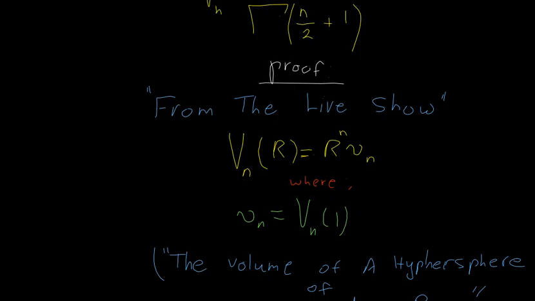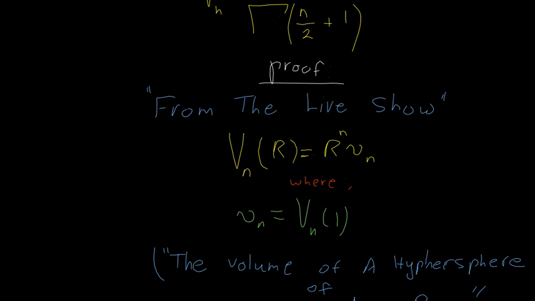I want you to prove that V of n is equal to pi to the n over 2 power divided by the gamma function of n over 2 plus 1. This is going to be somewhat tricky, but for those of you up for mathematical challenges, this is the place to be.